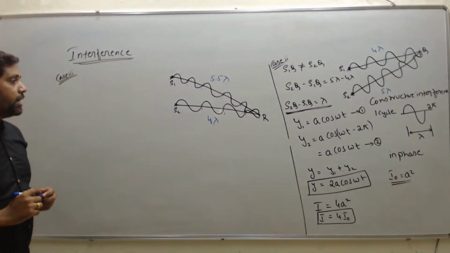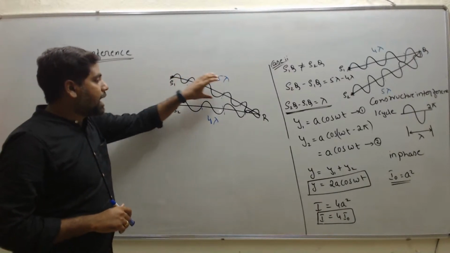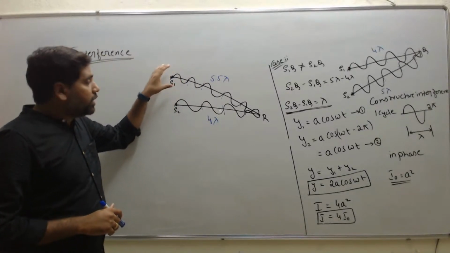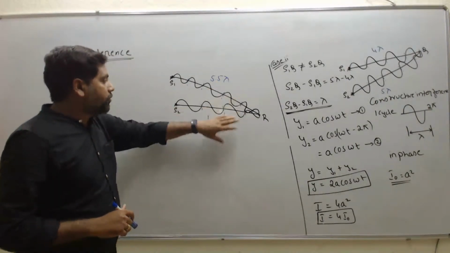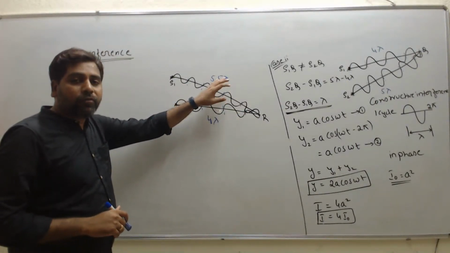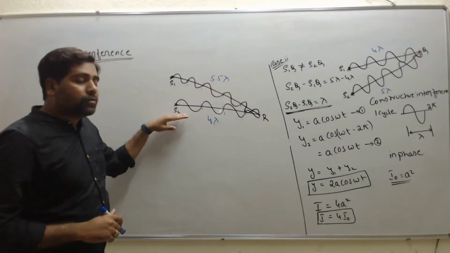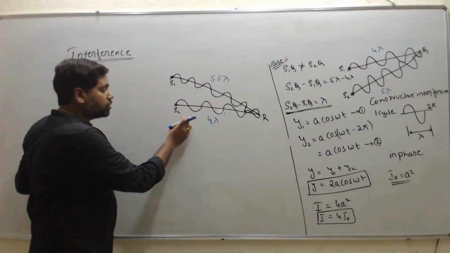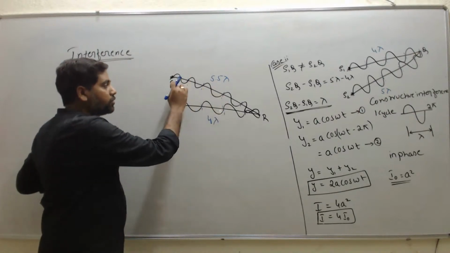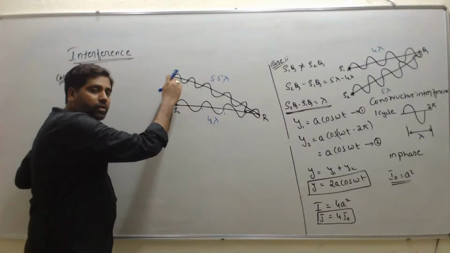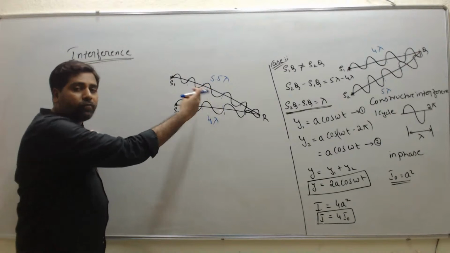So if we observe here, the difference between 4 and 5.5 is 1.5, that is, the waves from S1 arrive 1.5 cycles later than those from S2. The wave from S2 reaches earlier because it travels only 4 cycles, but S1 has to travel 5.5 cycles, so the difference is 1.5 cycles.